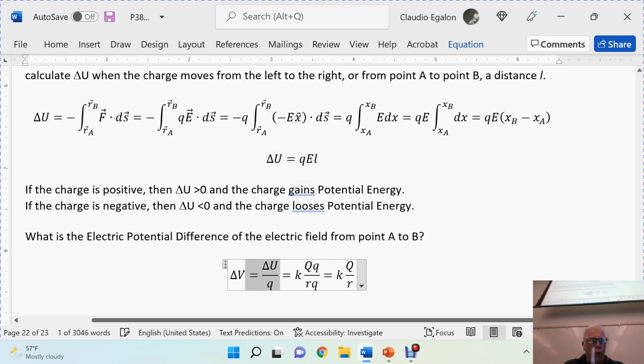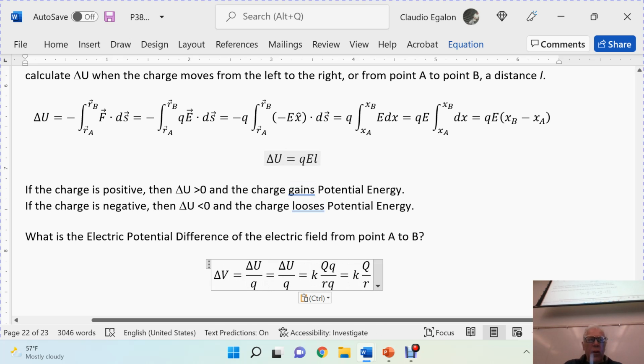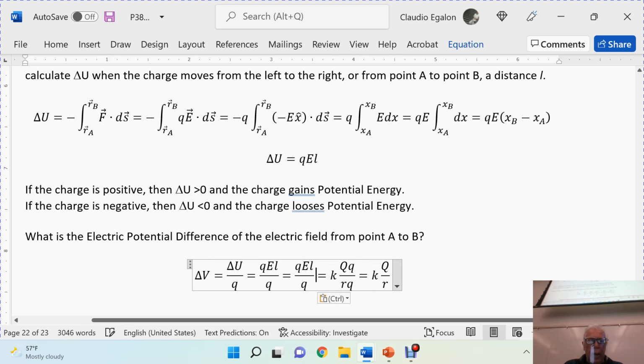Delta U over Q is QEL divided by Q, right? And all we get is EL.